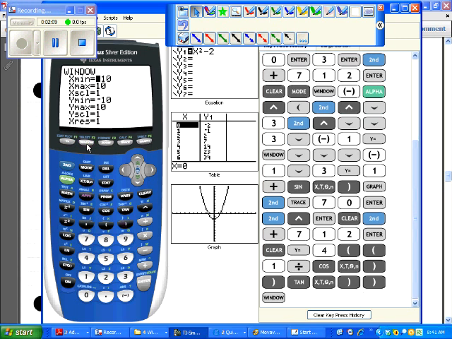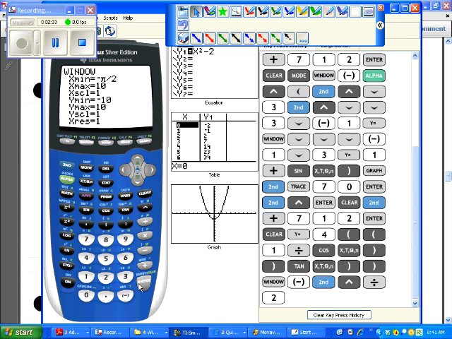I'm going to make the window fit the data. Now, it said from what to what? Negative pi over 3 to pi over 3. So negative pi over 3 to pi over 3. And I'm just going to go pi over 2. So I'm going to make my x minimum negative pi divided by 2. So second up there is my pi divided by 2.